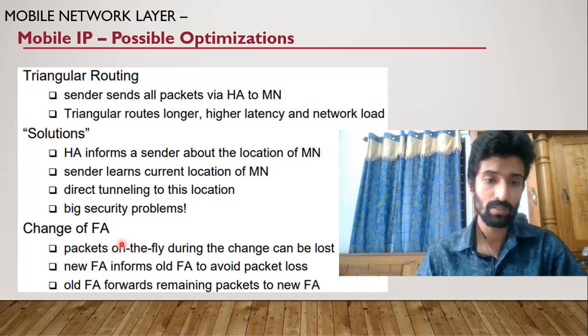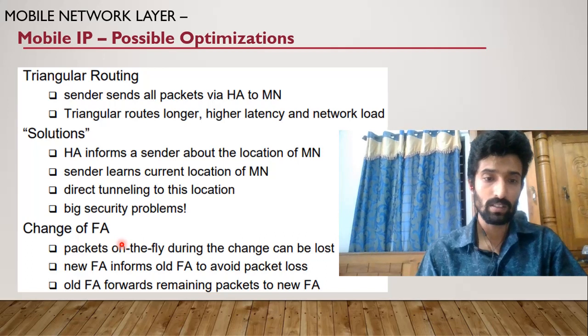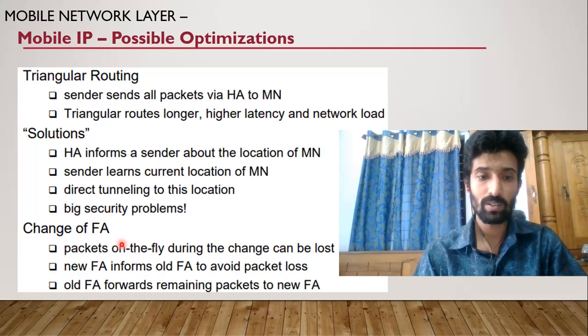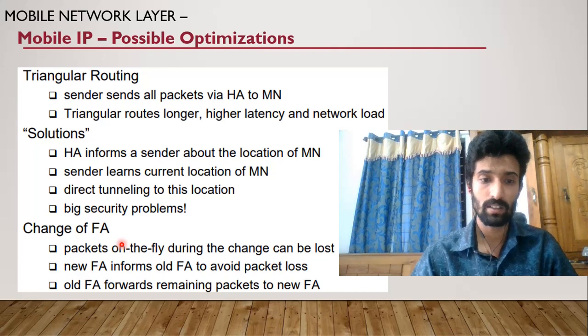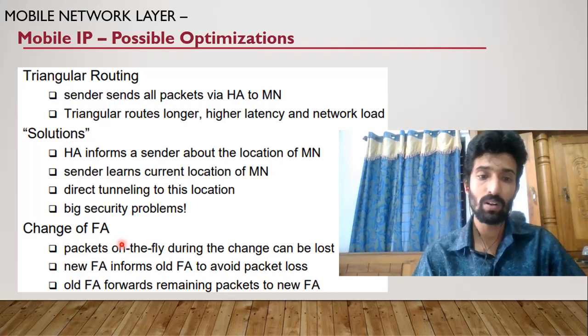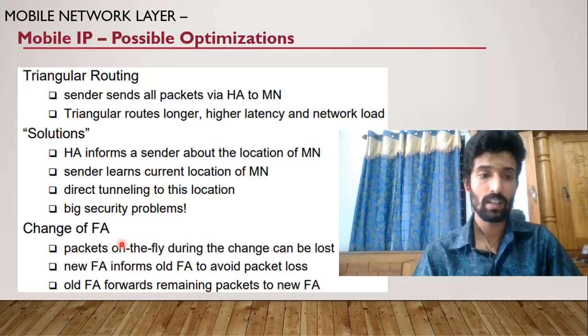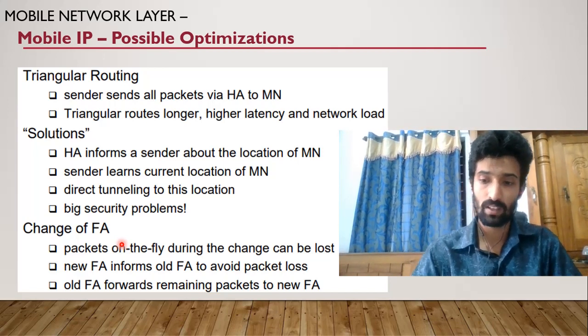A possible solution is that it is the duty of the new foreign agent to inform its address to the old foreign agent, saying that the mobile node currently resides inside my network. That helps the old foreign agent receive the packets already on the network and forward them to the new foreign agent. Likewise we can solve this issue.